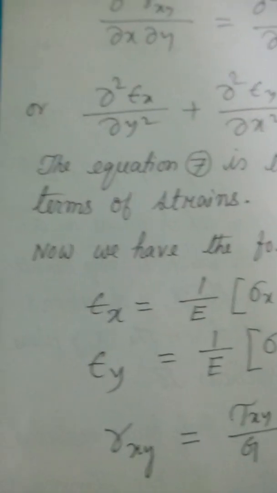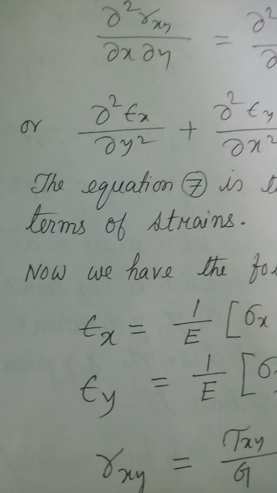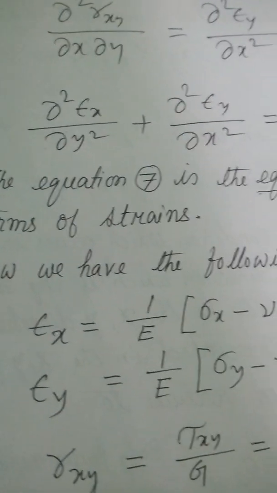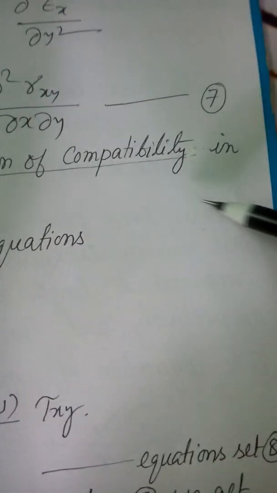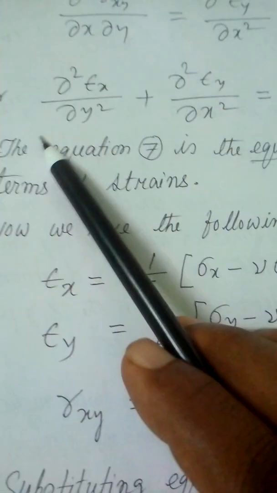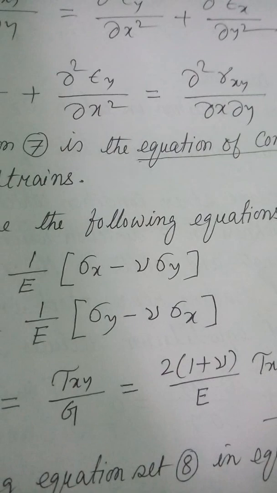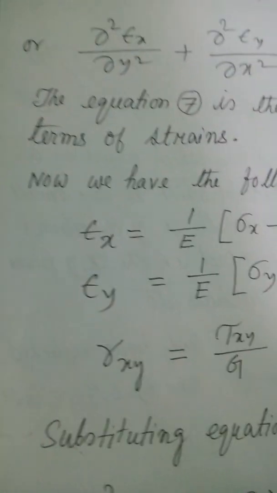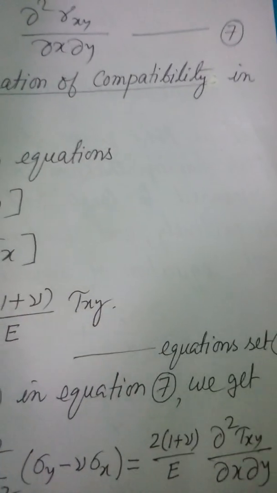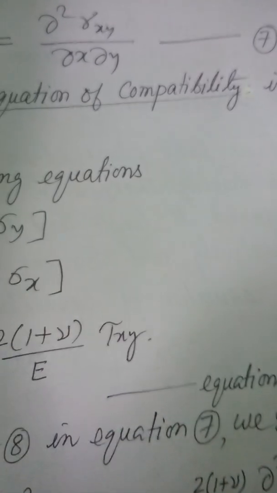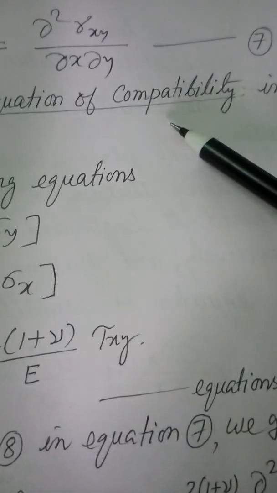This equation number 7 is very important. It is a comparison of the longitudinal stress with the shear stress. This is the relationship in partial derivative second order form. The equation 7 is the equation of compatibility. Note that this is the equation of compatibility.